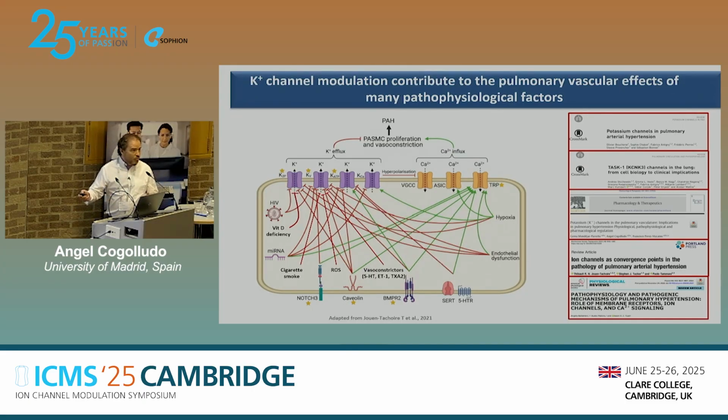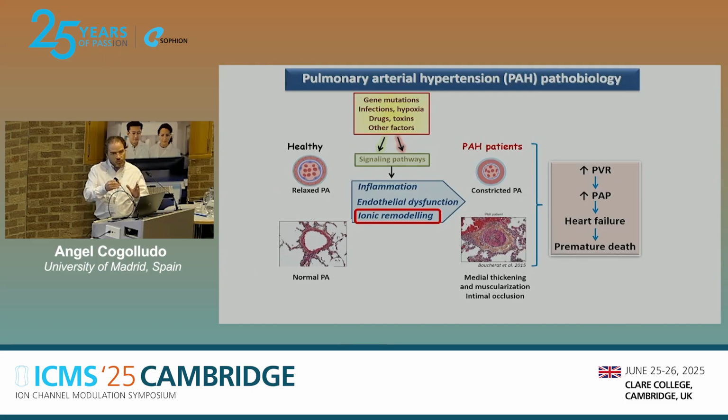I don't have time to go through all the details of these different factors, and they have been excellently addressed in different recent review articles that you can take a look at. But I'm going to move now to the pathophysiological role of Kv1.5 channels, and particularly, we've been interested in the role in pulmonary hypertension, and more particularly in pulmonary arterial hypertension.